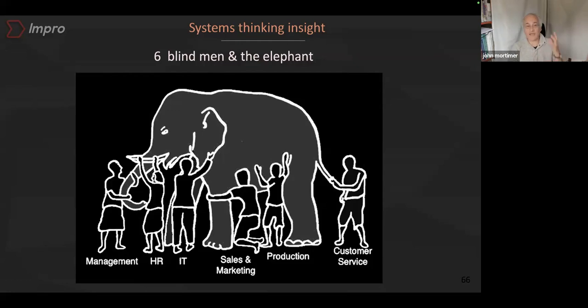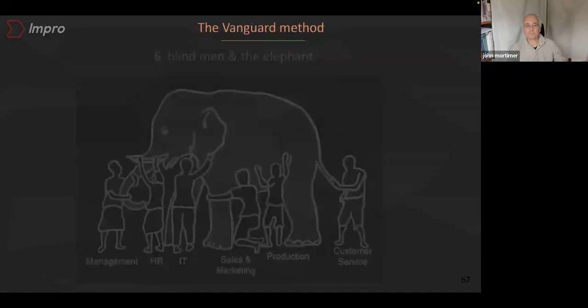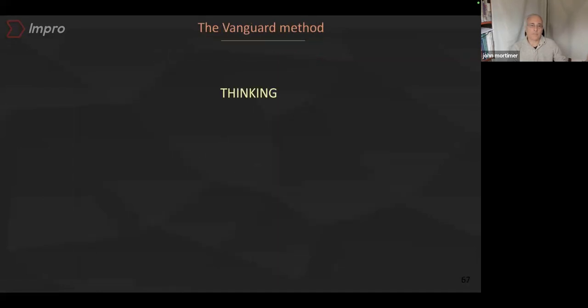So I have this concept in my head when I work with those teams. And this concept has helped me a lot in simplifying some of the things that needed simplification when I first started working this way. For those of you that are familiar with the Vanguard method, you will have seen this before. But if you haven't, if someone asks me what's the whole purpose of the Vanguard method, it's to change thinking.